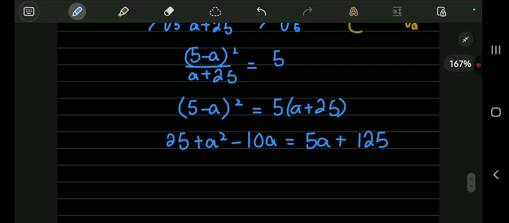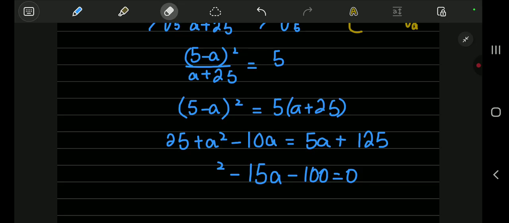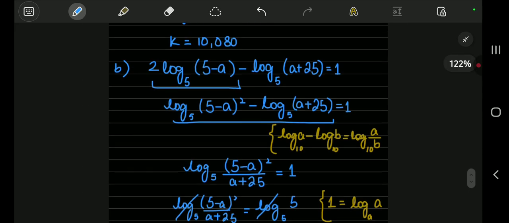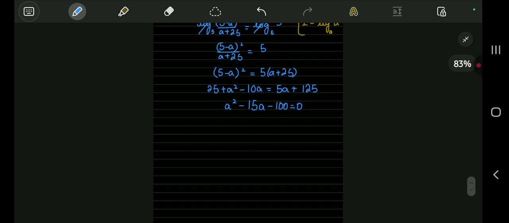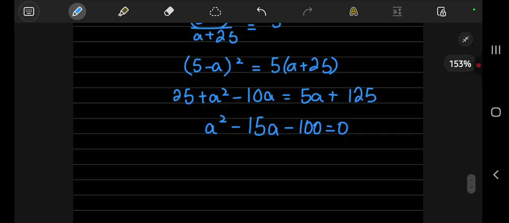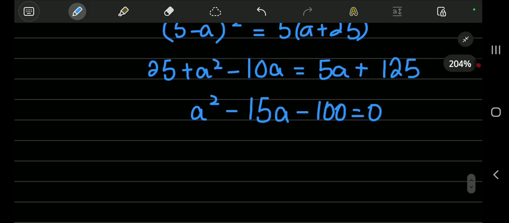This will give you a squared minus 10a minus 5a, which is minus 15a, and 25 minus 125 is minus 100, equals 0. What we needed to do is find the value of a. So we get a quadratic equation now. How do we solve this?